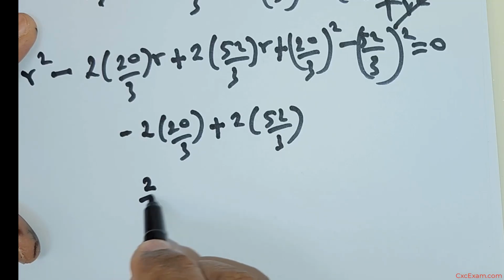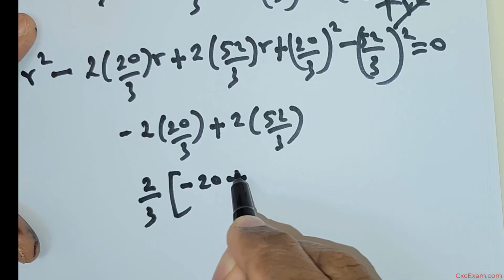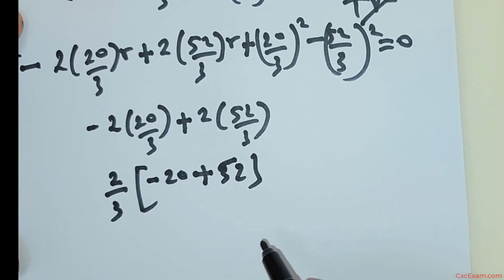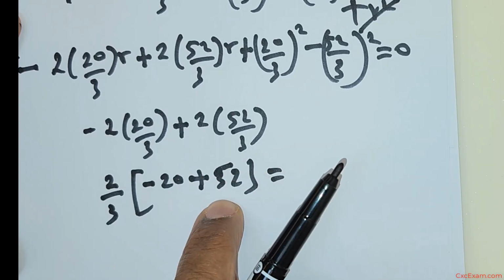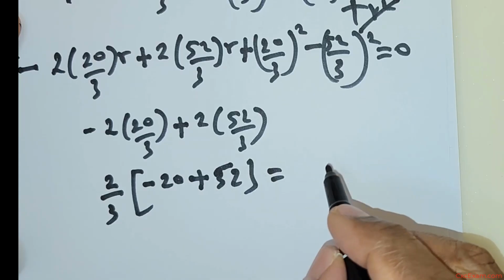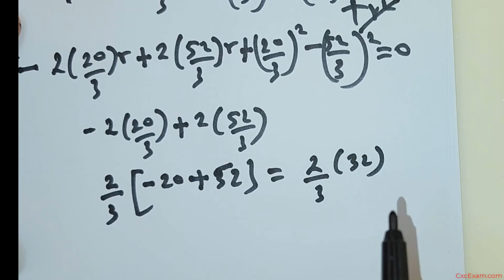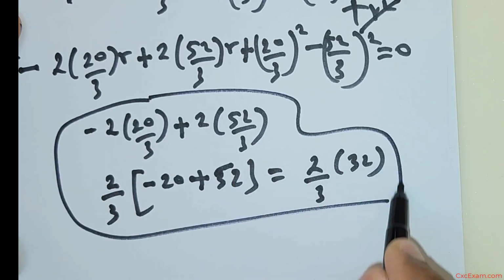So I can take 2 over 3 out. This is going to be negative 20 plus 52, which gives me 32. So 2 over 3 times 32, and that is the simplification for this part.